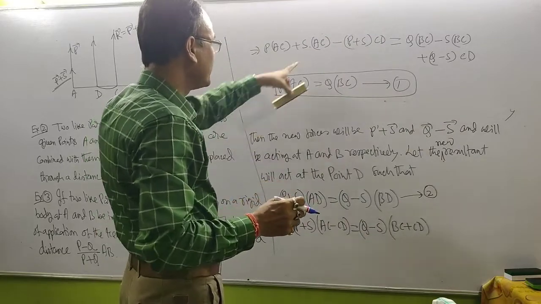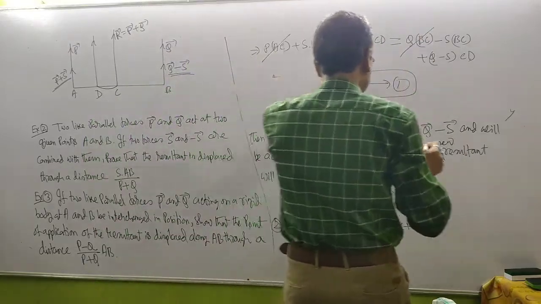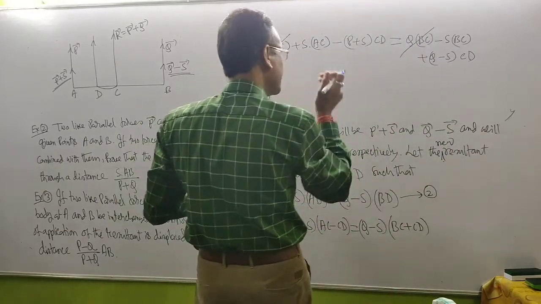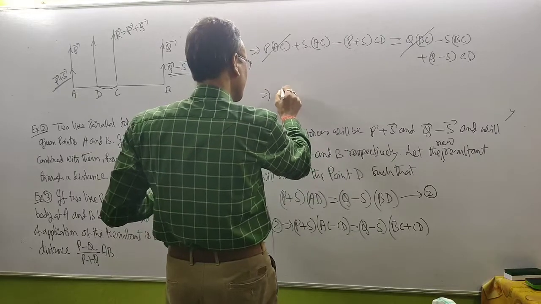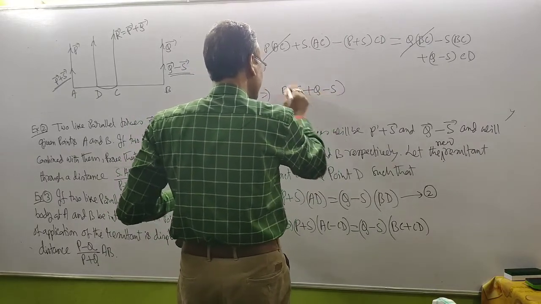Now, P into AC and Q into BC, these two terms will be cancelled because P into AC equal to Q into BC. This means that P plus S plus Q minus S into CD.